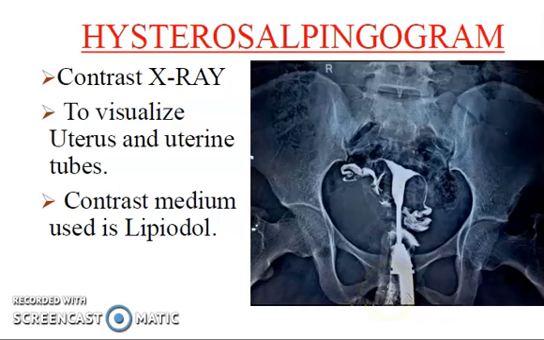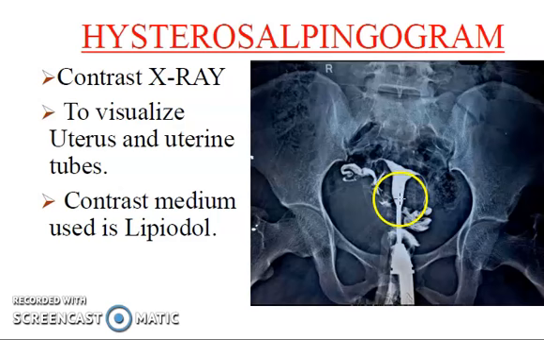The procedure of doing this hysterosalpingography is, we are going to insert a cannula from the vagina till the internal os, and from there we are going to inject 10 ml of Lipiodol and the skiagrams are taken.